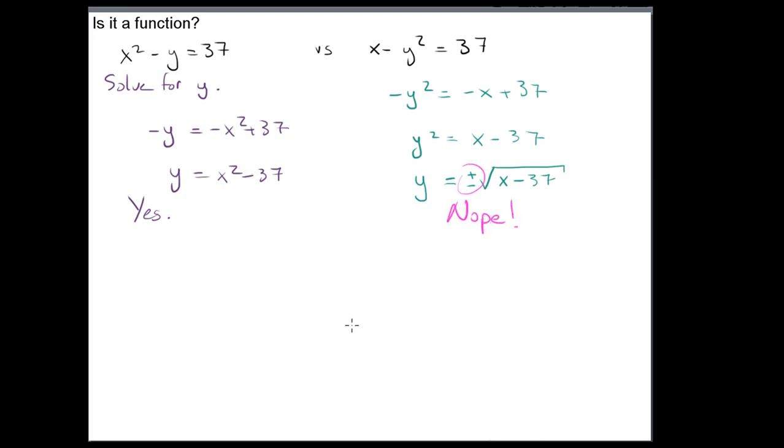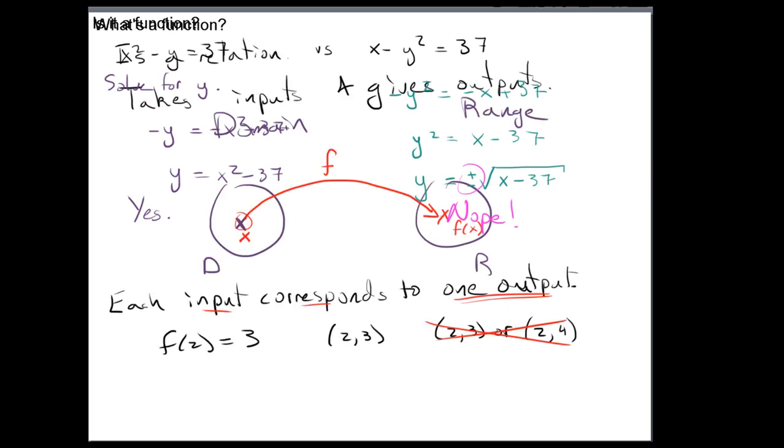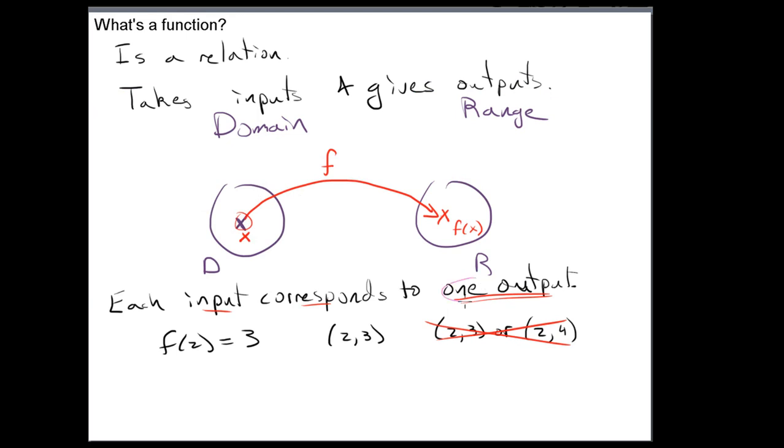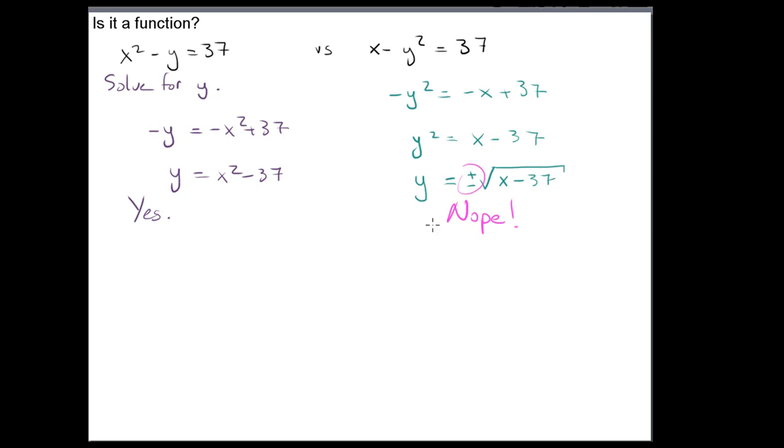We can't have this plus or minus because if we do, then it's not just one specific output. There's a plus case or a minus case, and we just can't have that. That's not a function. You could maybe describe a relationship like that, but it wouldn't be a function. It's a mapping, not a function.